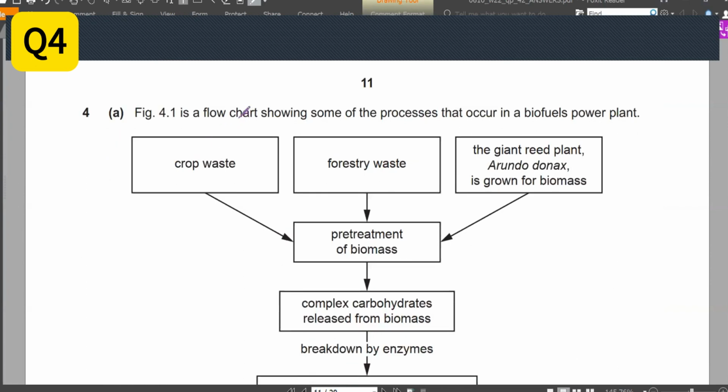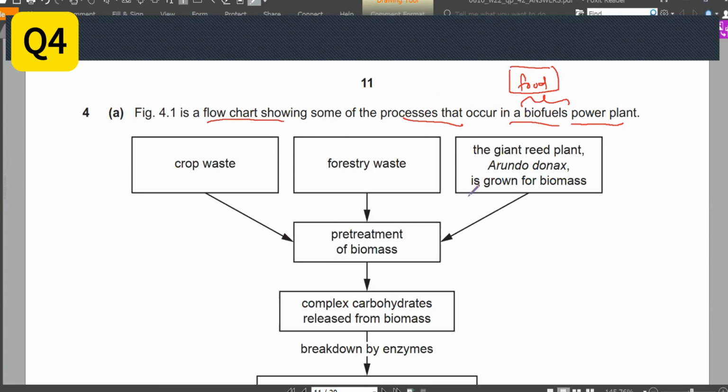Next question. Here we have a flowchart showing some of the processes that occur in a biofuel power plant. We know that biofuel is very important, because we take some of the tissues of the plants, the stem, the leaves, something that we cannot use as food, and convert it into biofuel to produce energy.